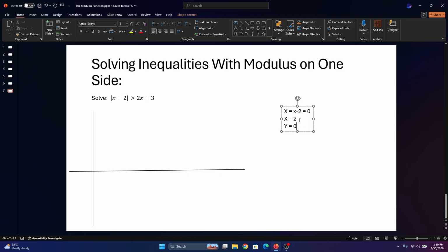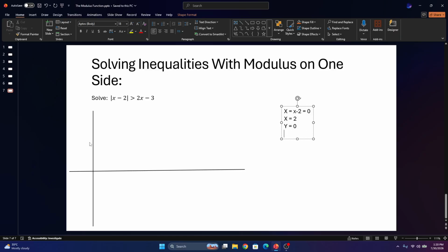So y is going to be 0. Now we can move on to sketching the graph. Around here is where the turning point is going to be at (2, 0): the y is 0 and the x coordinate is 2.